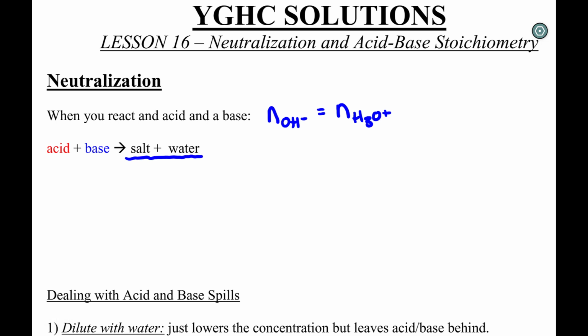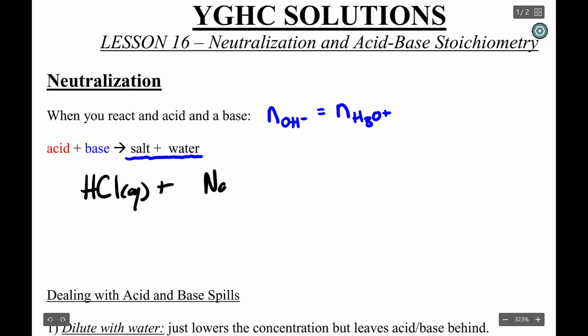So I'm going to use probably the most famous kind of strong acid, strong base reaction that would produce a neutralization if we had equal number of moles of acid and base. The most common strong acid you'll see in most textbooks is probably hydrochloric acid, and the most common base is going to be sodium hydroxide.